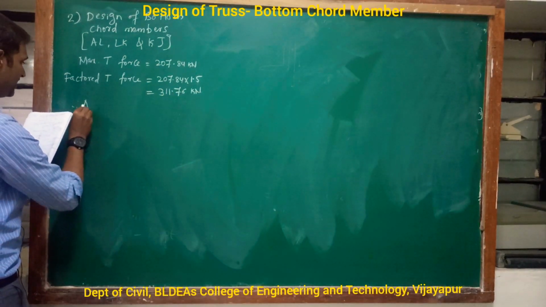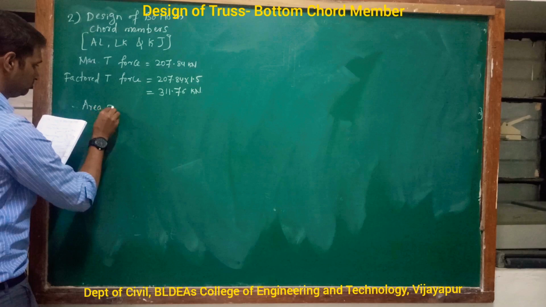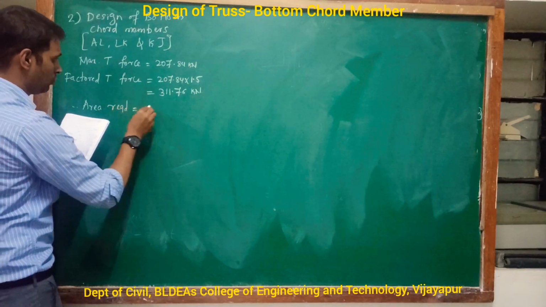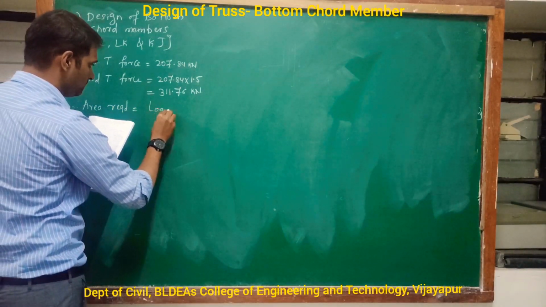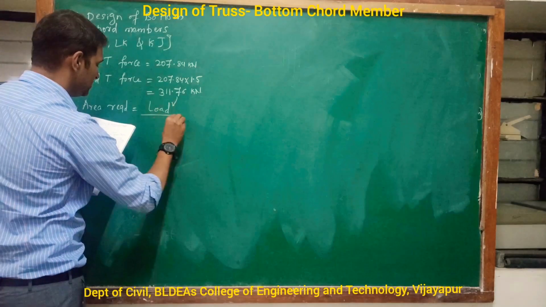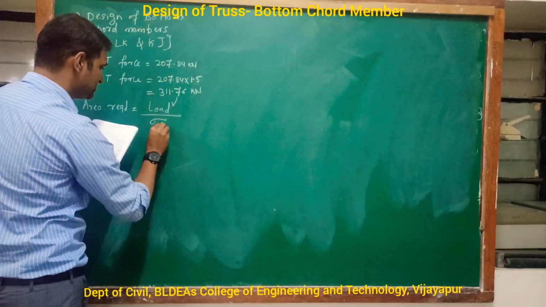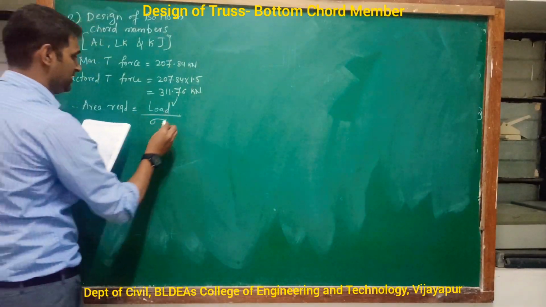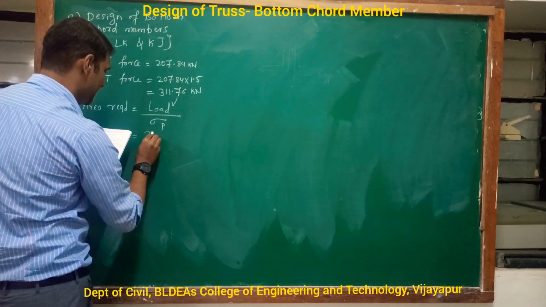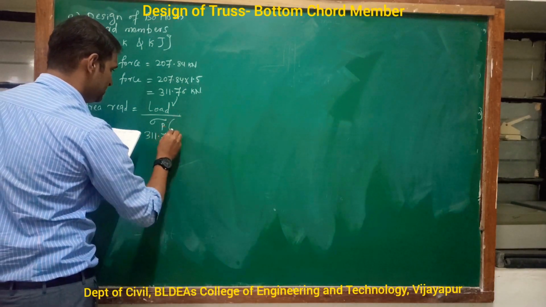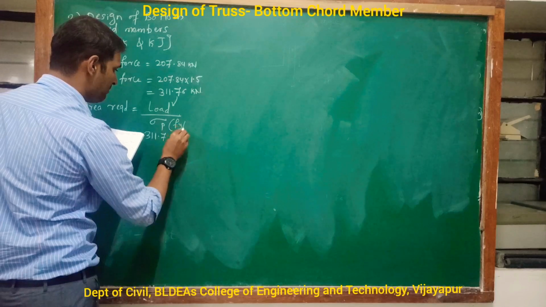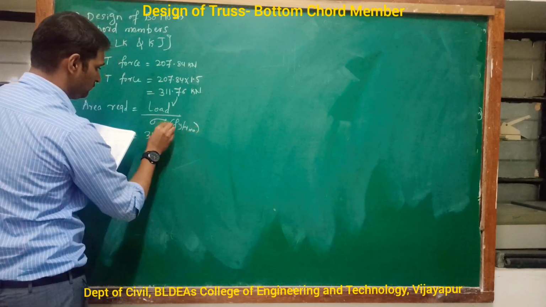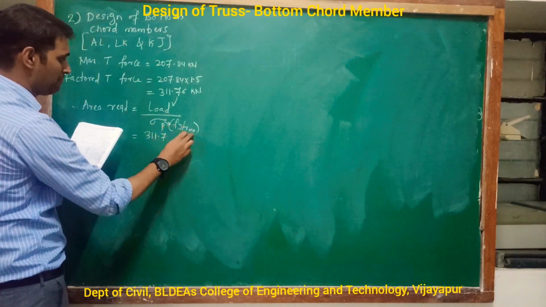So the area required is equal to load, that is factored load, divided by the assumed permissible stress. Permissible stress will be Fy by gamma m naught.